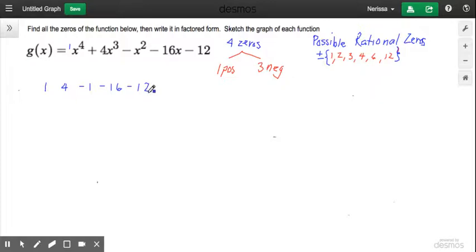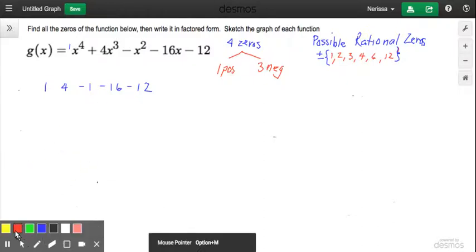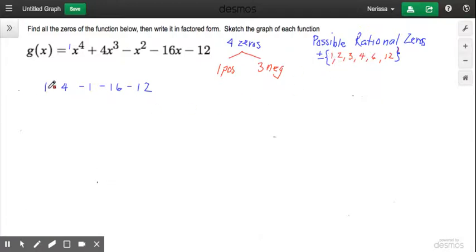So now we'll try and see if 1 is a zero of g of x. So we'll take 1 from our list and put it here.